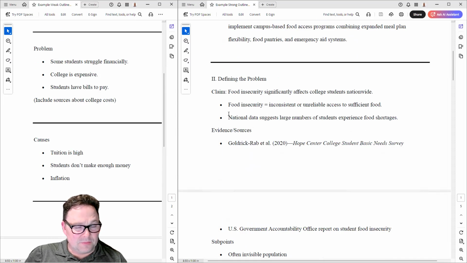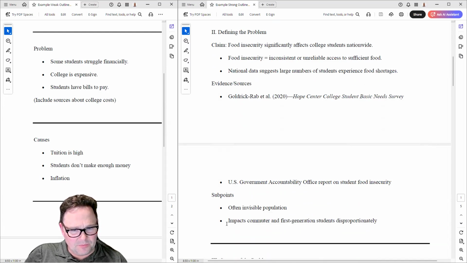You include some bullet points about what characteristics of the problem, who they're affecting, what they're affecting. Just name some things here. There's no one way of doing this.